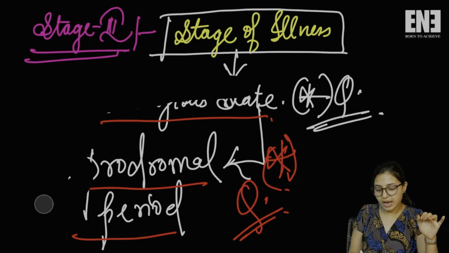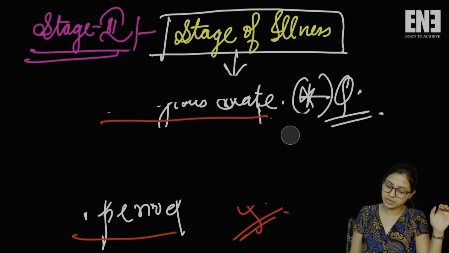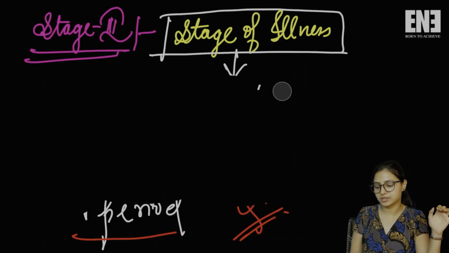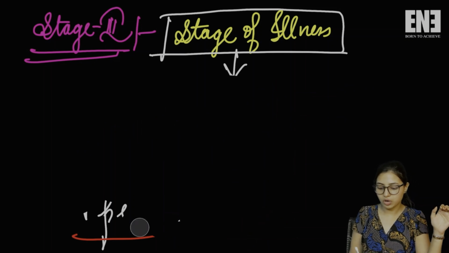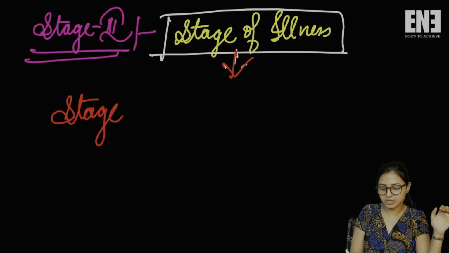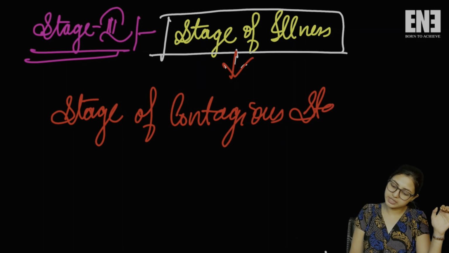Okay, and all the clinical features are very specific, clearly telling you about what the person is going through, what is the disease condition the person is having right now. Okay, am I clear? So that means it is the stage of infection, stage of contagious. ठीक है, ये आपका contagious state में है.